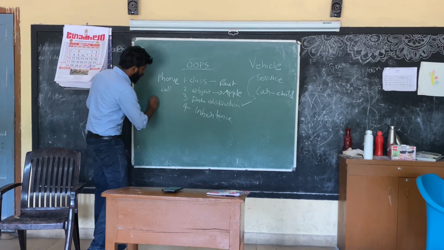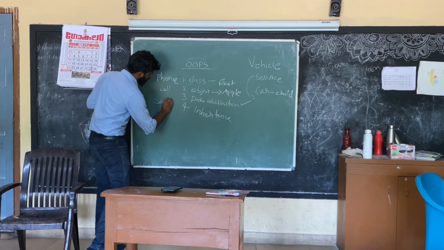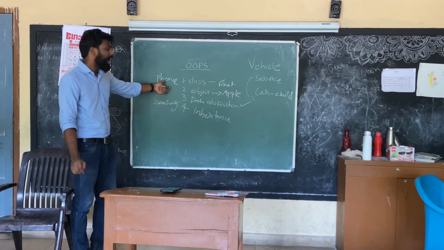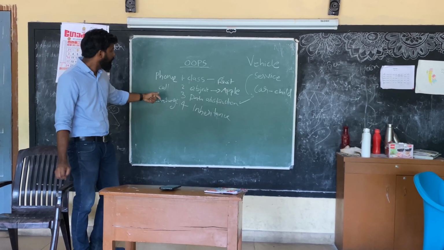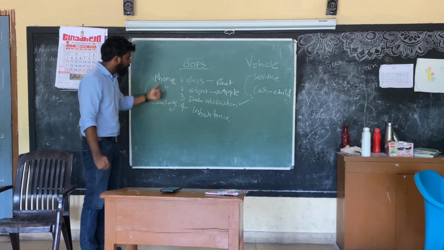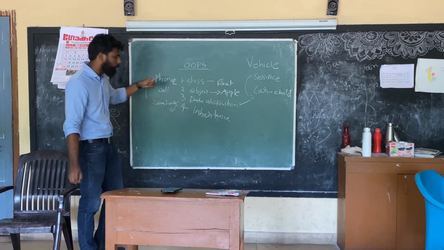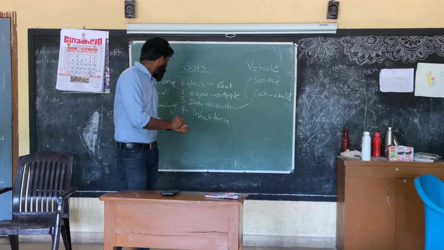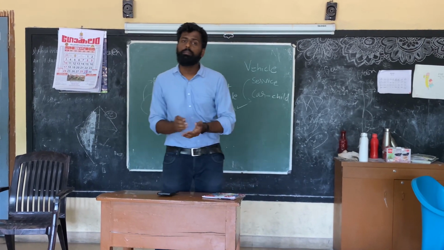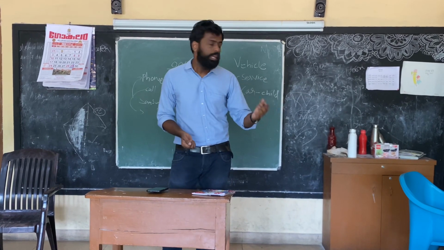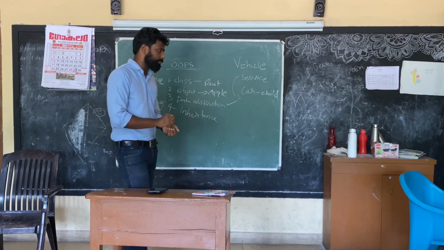If there is a phone called Samsung that is extending Phone, that means it is a child class of this Phone. If there is a child class of Phone, it can access this method. That is called inheritance. So inheritance is nothing but accessing the property and behavior of another class. That is what is called the inheritance concept.